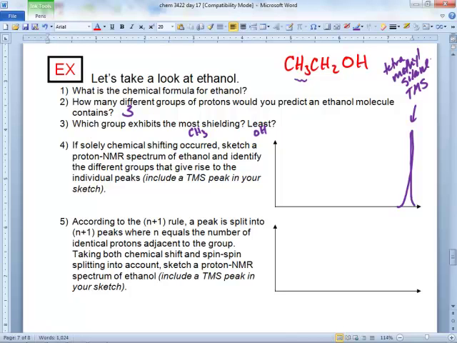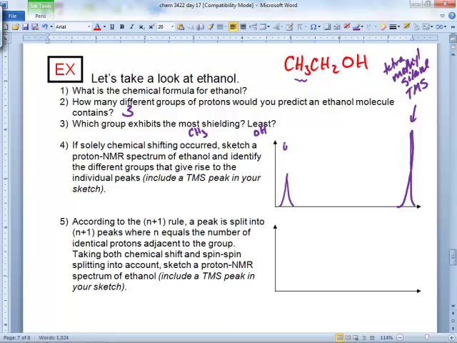So OH only has how many H's? One. Area under the curve really corresponds to the number of protons. You'd have to be pretty good at this to do it, but you'd want that area to count as 1H, right? And then the next would be the CH2.